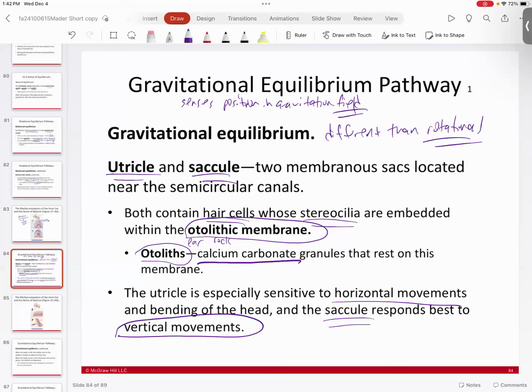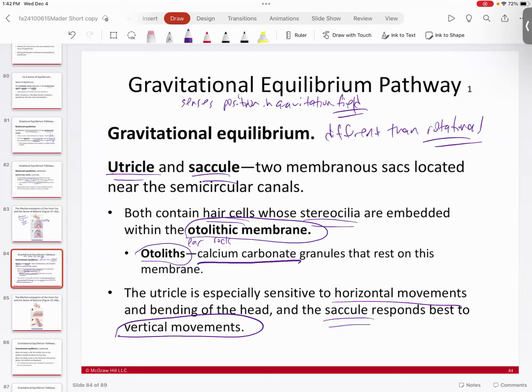That is my utricle. So oftentimes when you get dizzy, like on a ride or something like that, what's happening is you're messing with your otoliths.